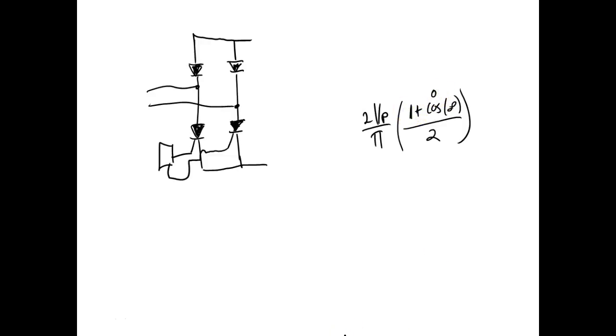Well, that would be right. Let's try that. That is right. So that's going to be 2 V peak over pi, and this is going to be 1, times 0.5. No, that's still going to be the same.